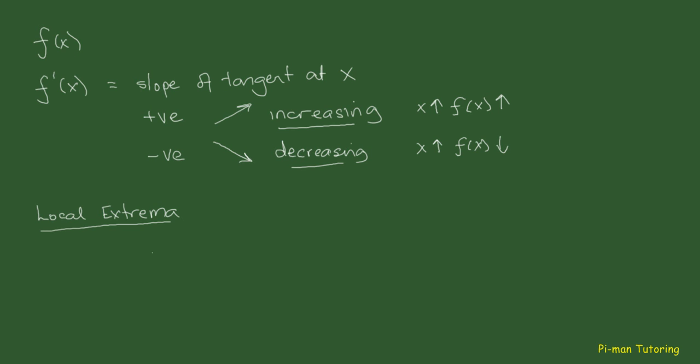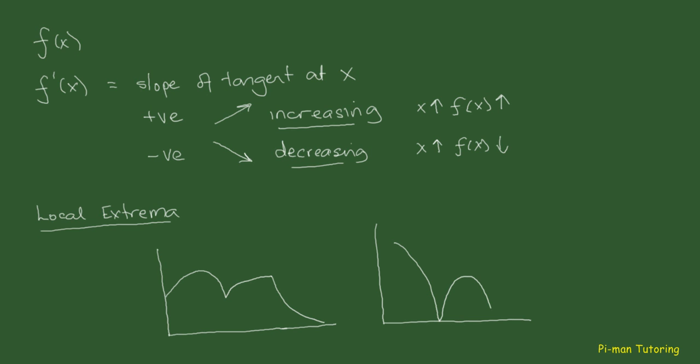So here's a couple of rough sketches. Suppose we have a function that looks something like, let's say it looks like this. And another function that looks something like this.